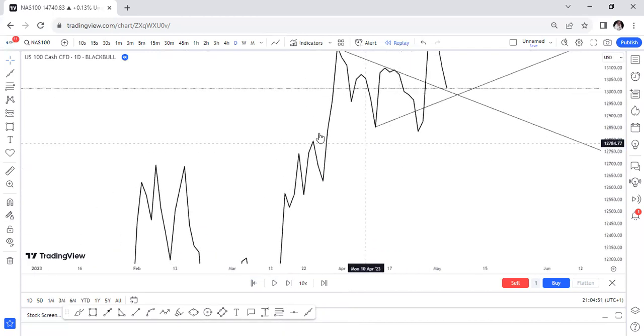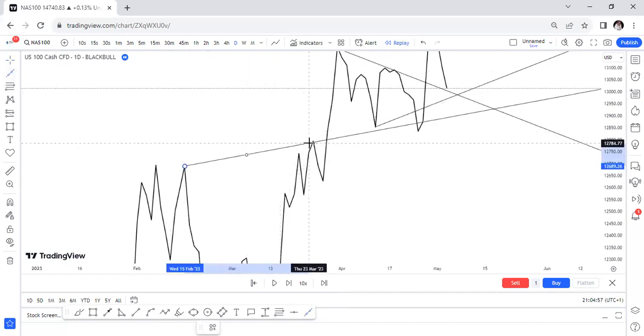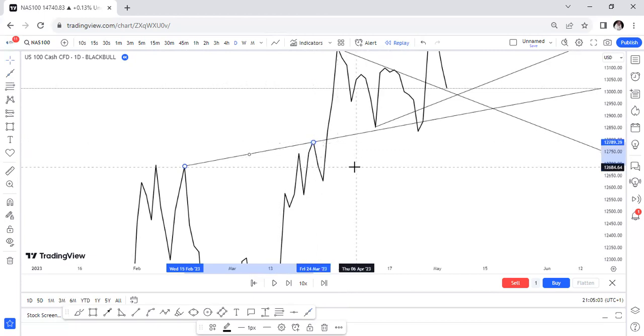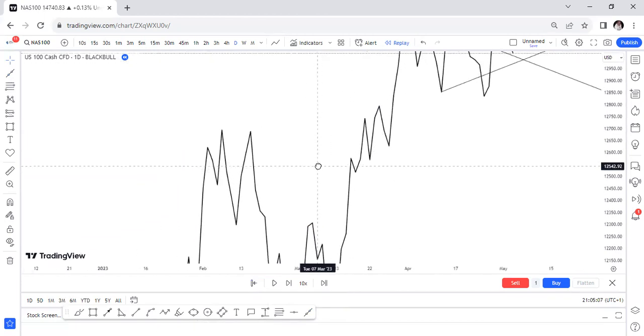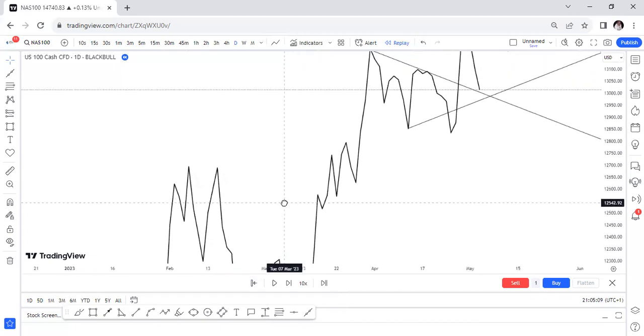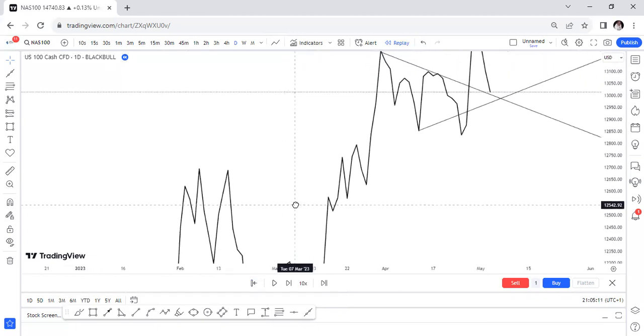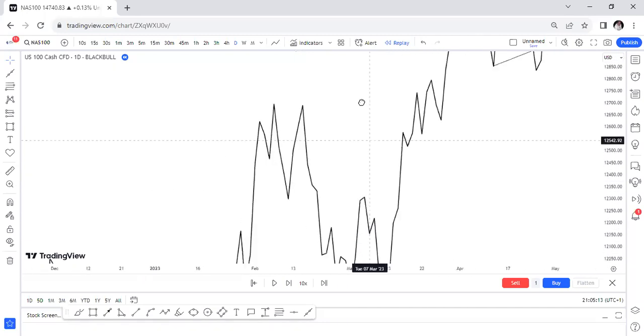So you need to look at the one that goes with it.